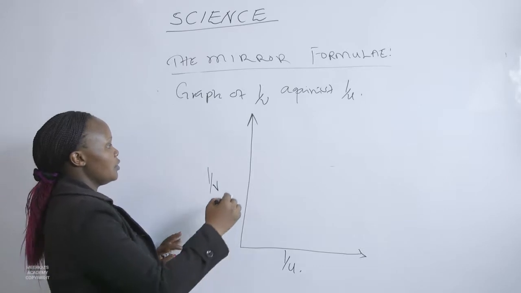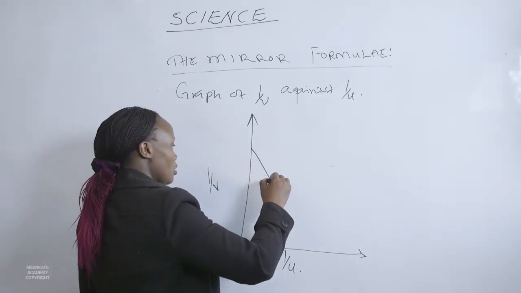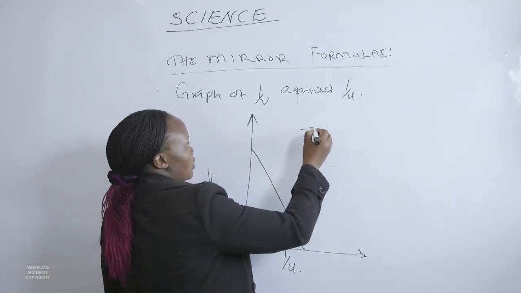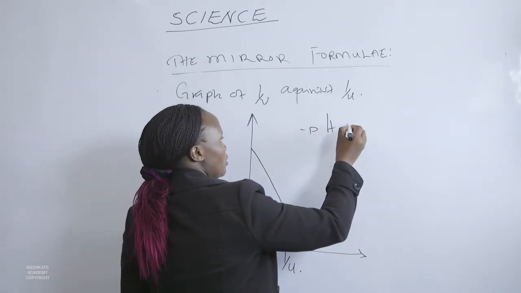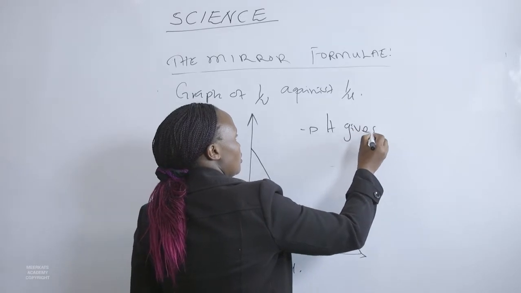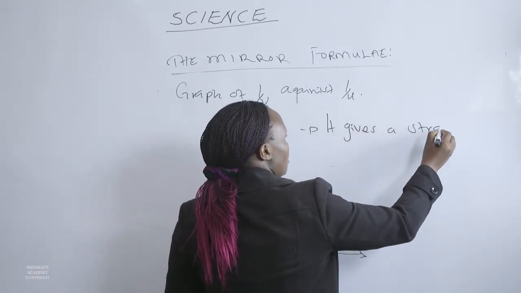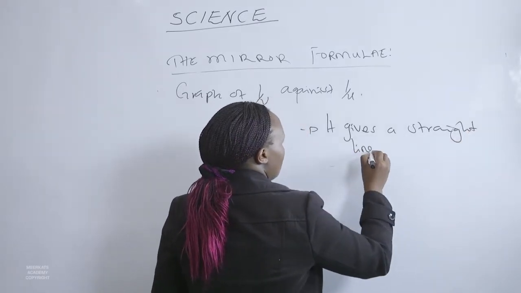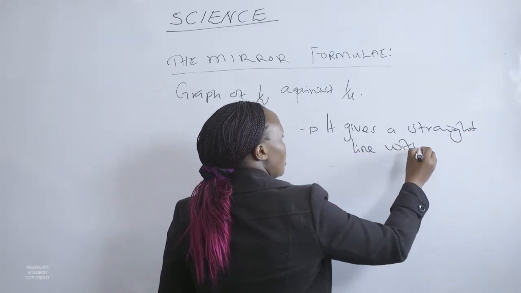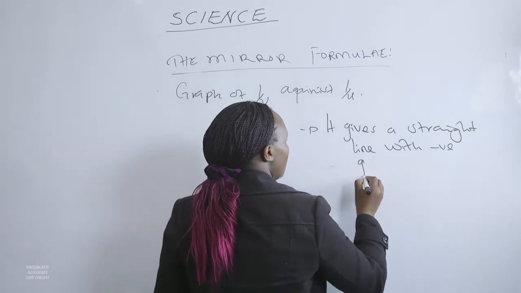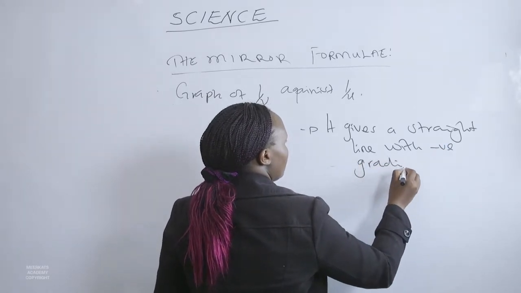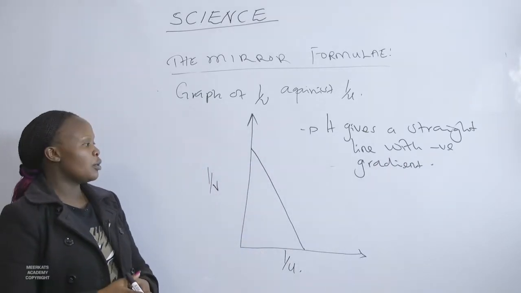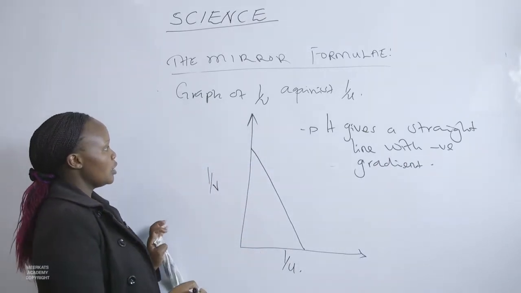This graph is going to be a straight line with a negative gradient. It's actually a straight line with a negative gradient.